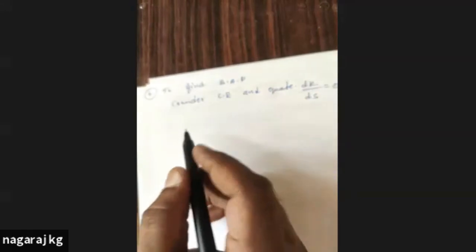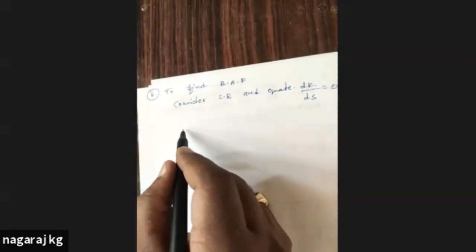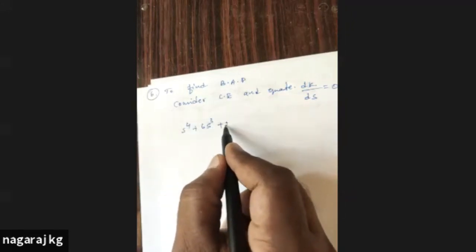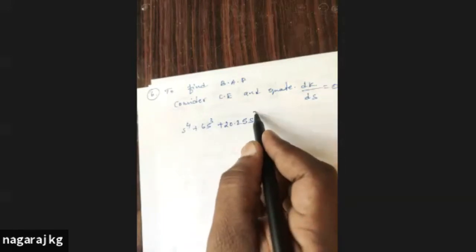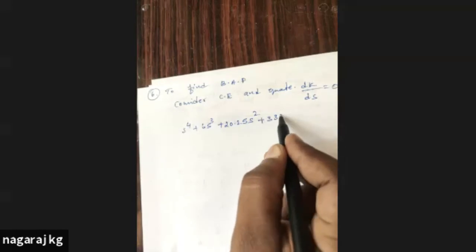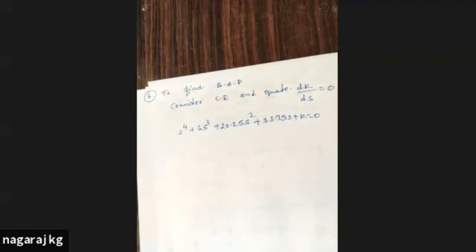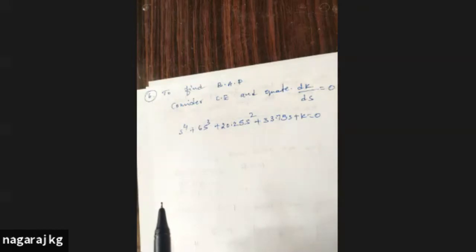When you simplify the characteristic equation for this, you get s to the power of 4 plus 6 s cubed plus 20.25 s squared plus 33.75 s plus k is equal to 0. All of you can try and check this value.